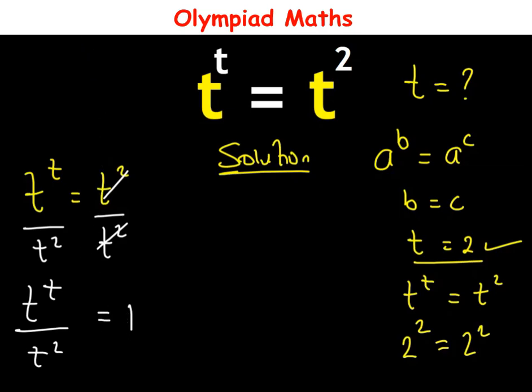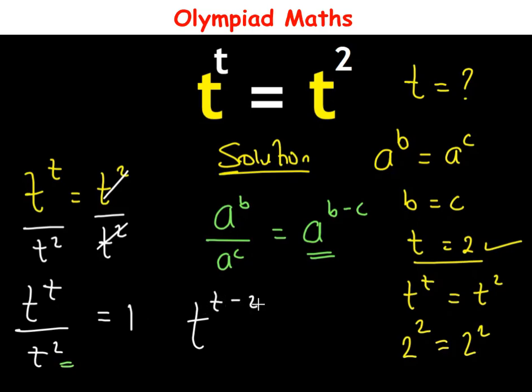Also, working with this rule that if you have a raised to power b over a raised to power c, this equals a raised to power b minus c. Since they are joined by a division sign and they have the same base, pick one of the bases and subtract the powers. Applying this, this is then equal to t raised to power t minus 2 is equal to 1.